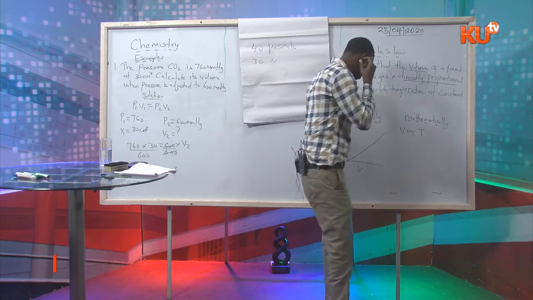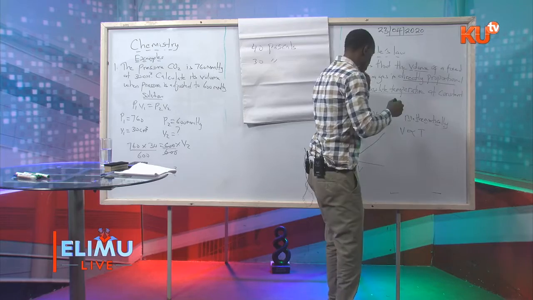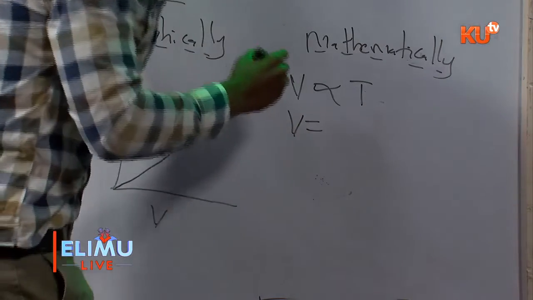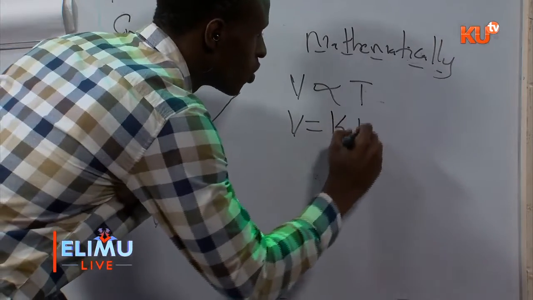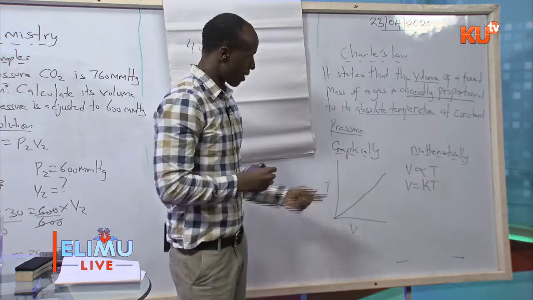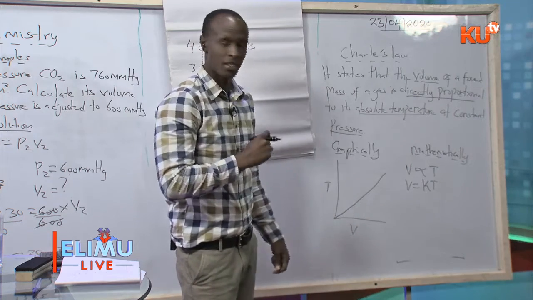Then you introduce a constant. The moment you introduce a constant, you also have to introduce an equal sign. So V equals KT. Then make K, the constant, the subject.